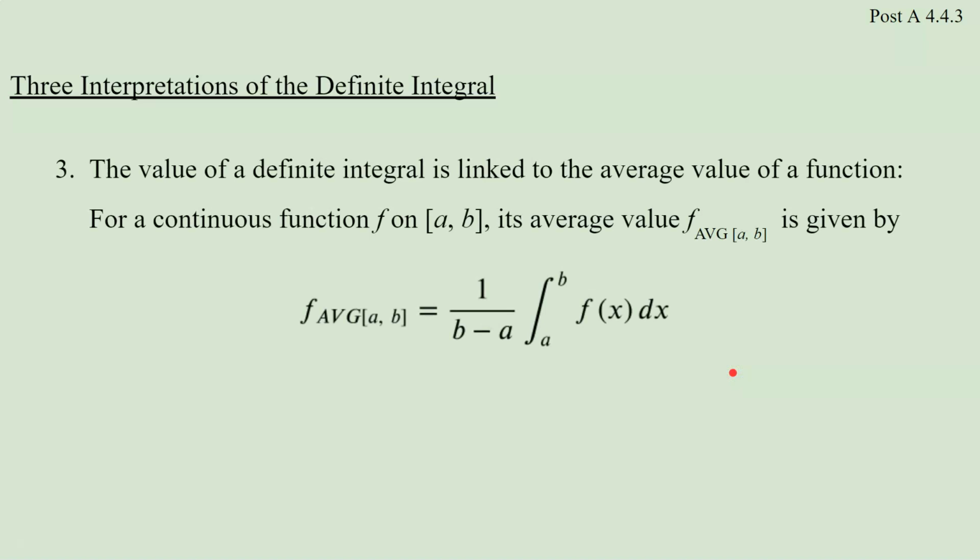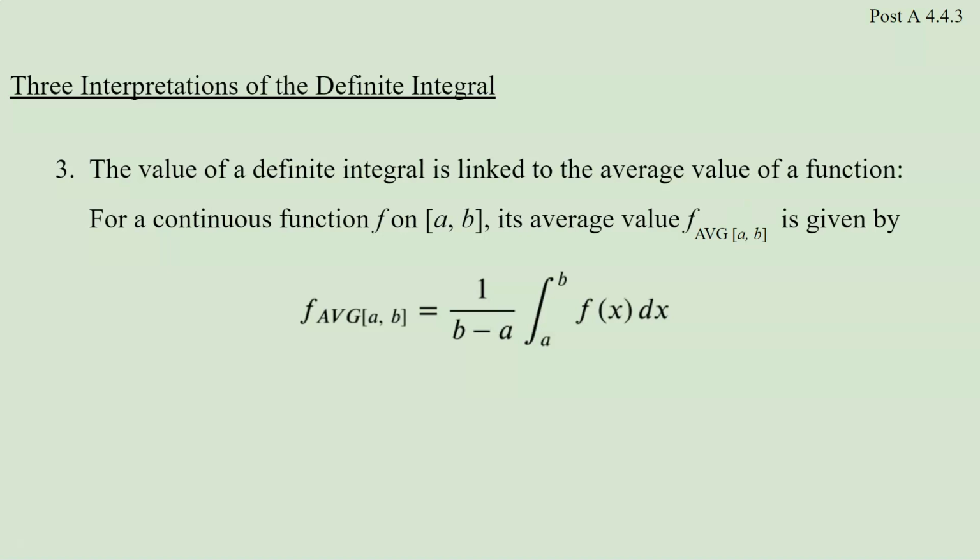And the third and final interpretation of the definite integral: the value of the definite integral is directly linked to the average value of a function. Average value is a little misleading. I think it's the average output of a function, right? A function is going to give you infinitely many outputs on some interval from a to b.